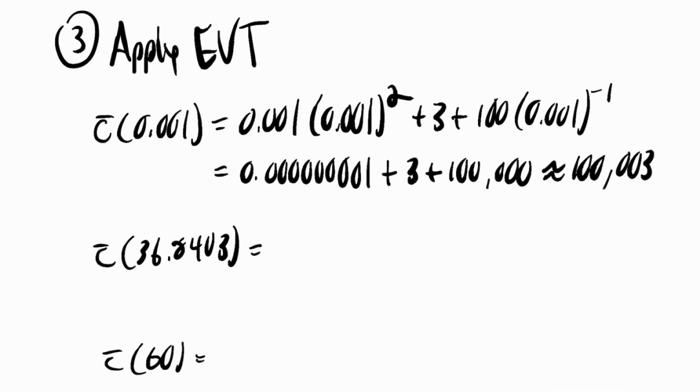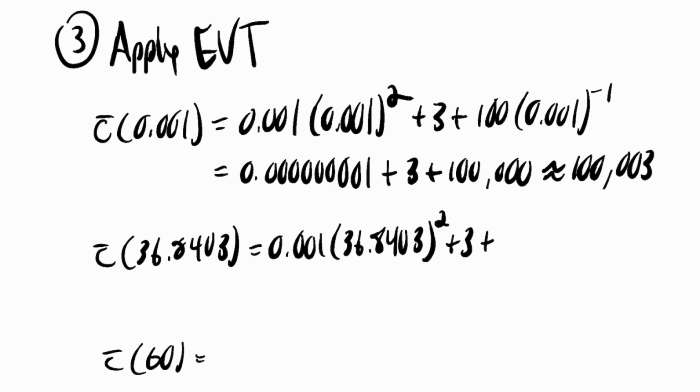So when we try 36.8403, we'll have 0.001 times 36.8403 squared plus 3 plus 100 times 36.8403 to the negative 1 power. The calculator I had is a little bit hard to use, so I'm going to pull up an online calculator because that'll be a little bit easier just to type the whole thing in.